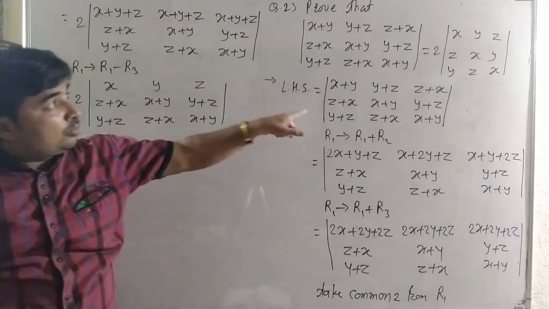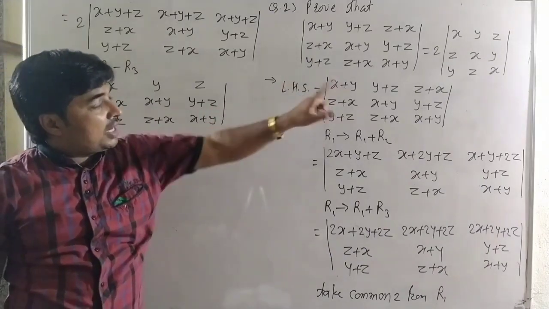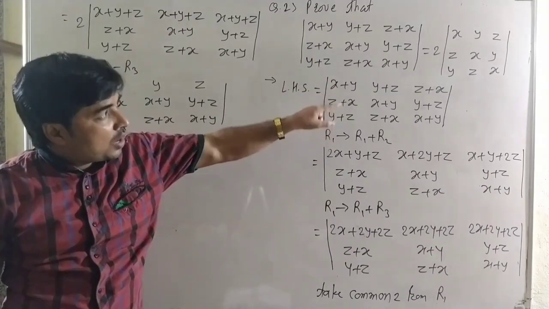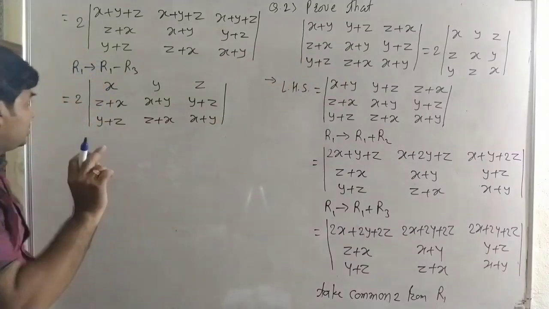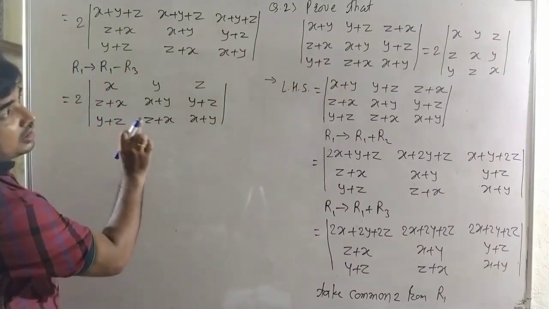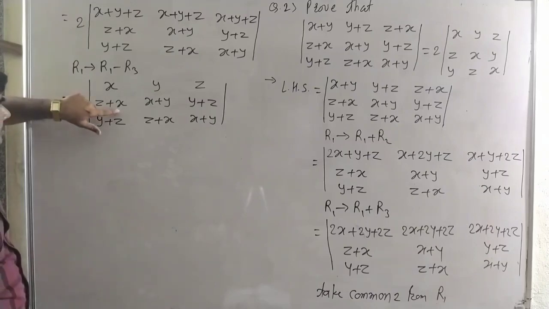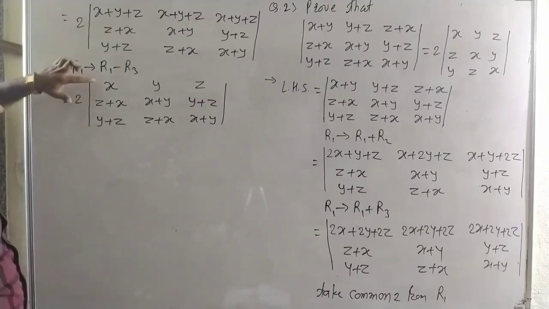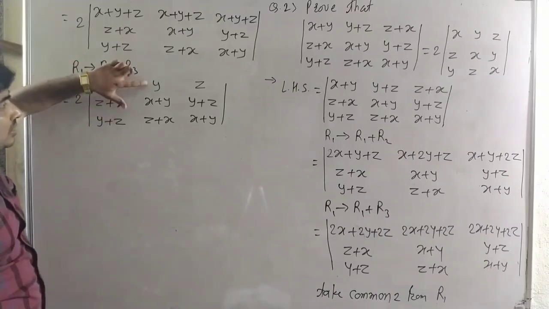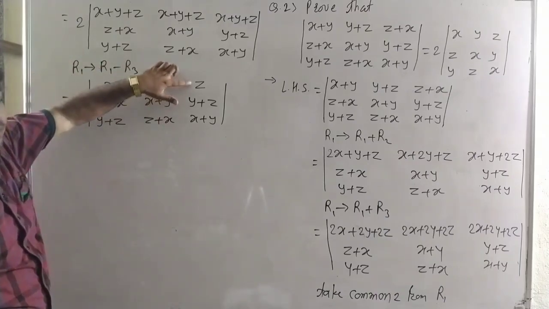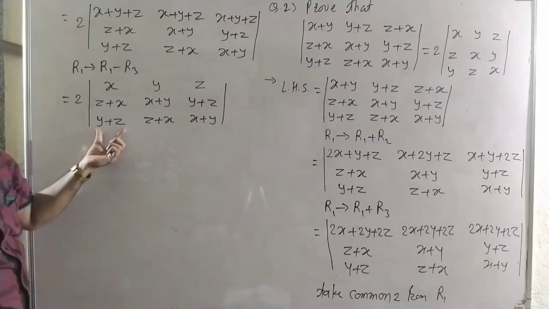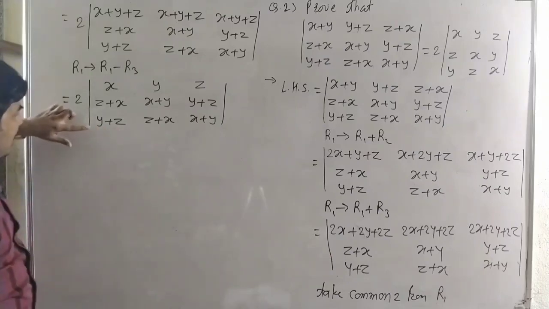Now, for our answer here 2 and first row we get x, y, z. Now we have to find the second row z, x, y, and in the third row y, z, and x. Again see carefully. There is second row z, x and y. We get z, that means x will be cancelled. So we subtract R1, sorry, it is R2 minus R1. And here we get y, z and x.